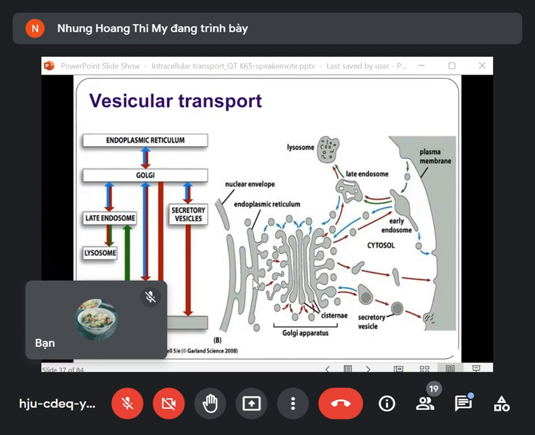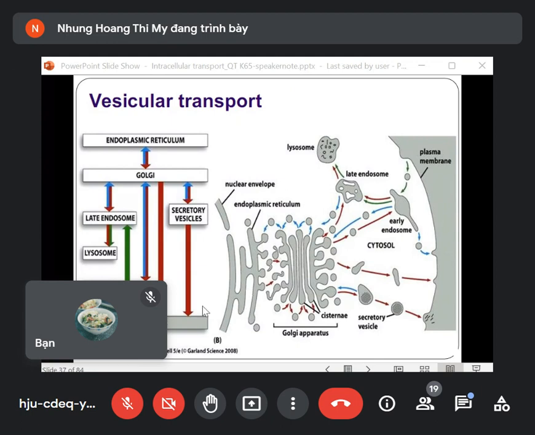So the protein, after it enters the ER and is modified and sorted, will be transferred to the Golgi apparatus. This process is carried out by continued budding and fusion of transport vesicles.